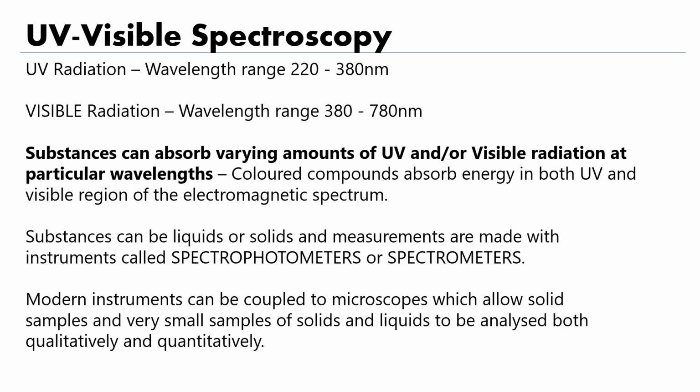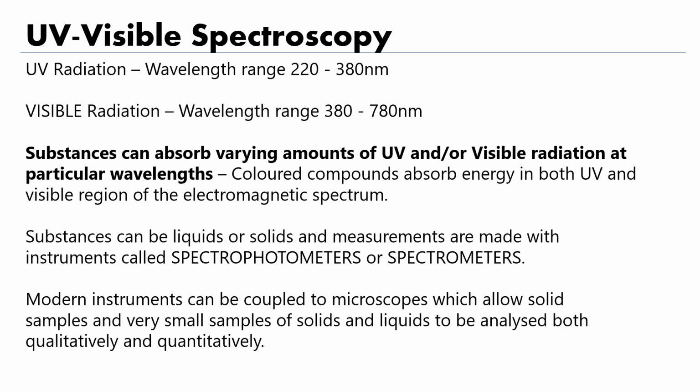So you know about electromagnetic radiations. UV radiations range in wavelength from 220 to 380 nanometers, and visible radiation is 380 to 780 nanometers. Substances can absorb varying amounts of ultraviolet and/or visible radiation at particular wavelengths.